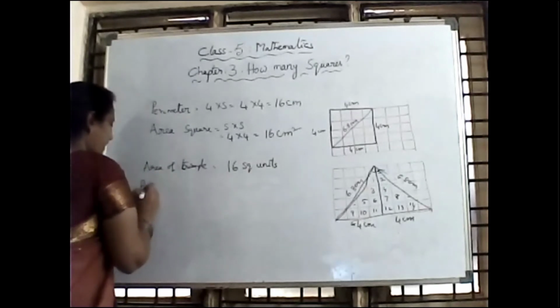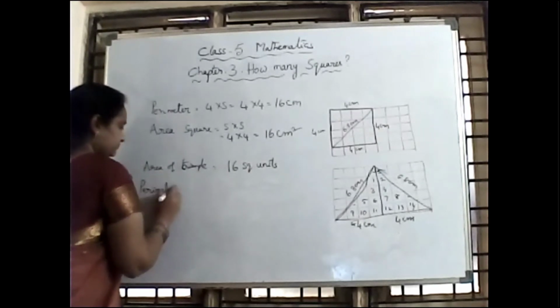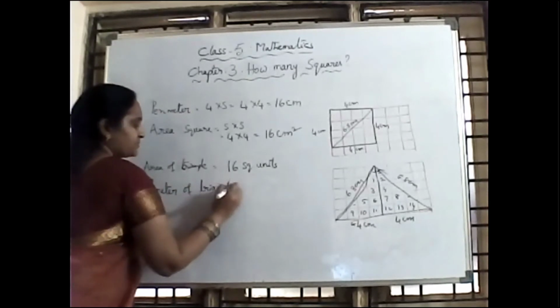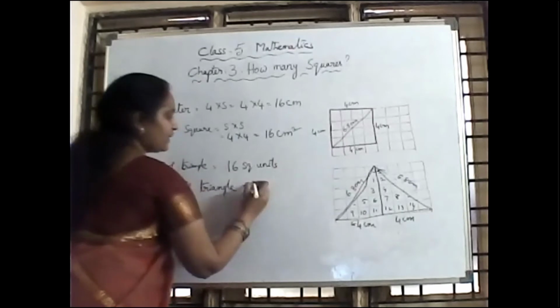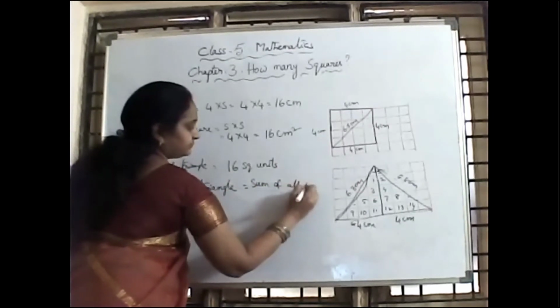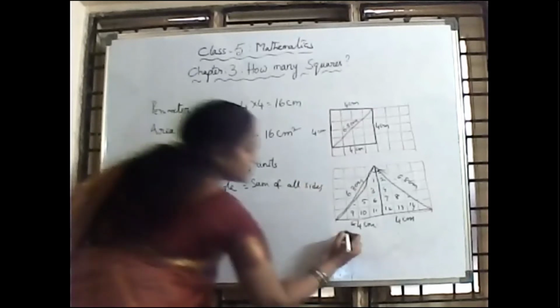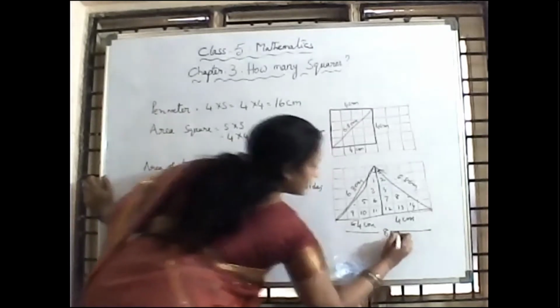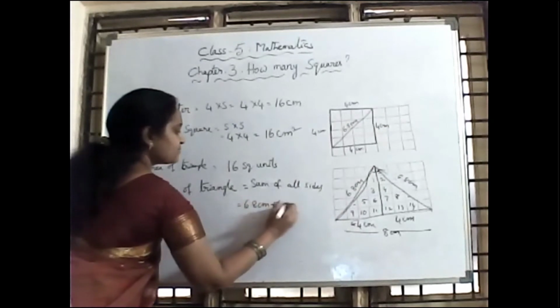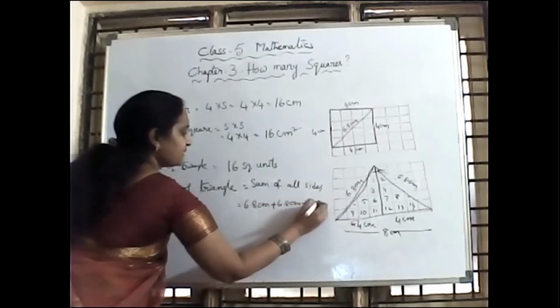And now perimeter of the triangle. Okay, perimeter is the sum of all sides. This total will become 8 centimeters. Three sides it has: 6.8 centimeters plus 6.8 centimeters plus 8 centimeters.